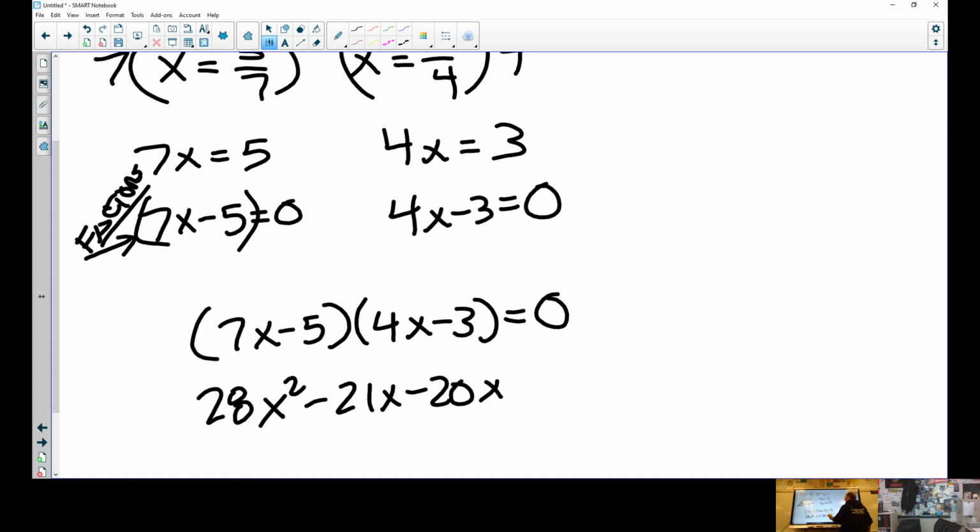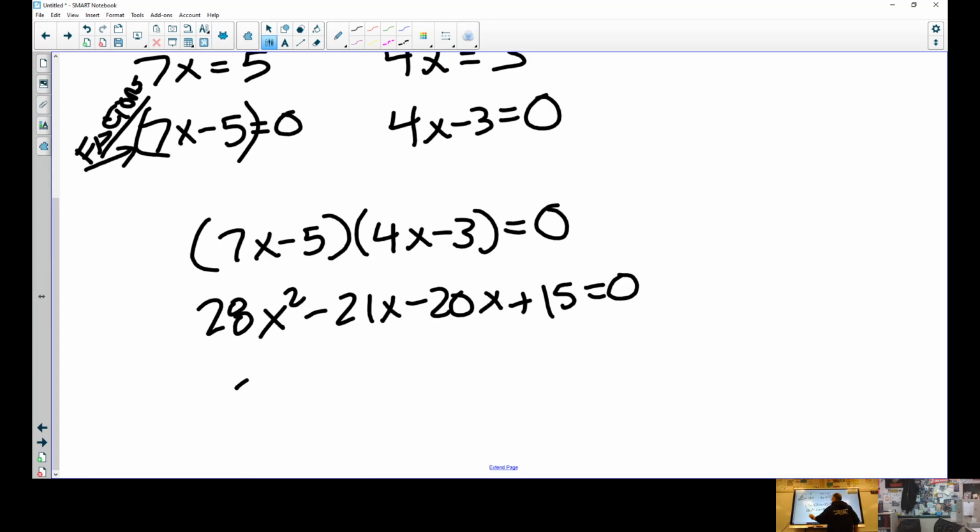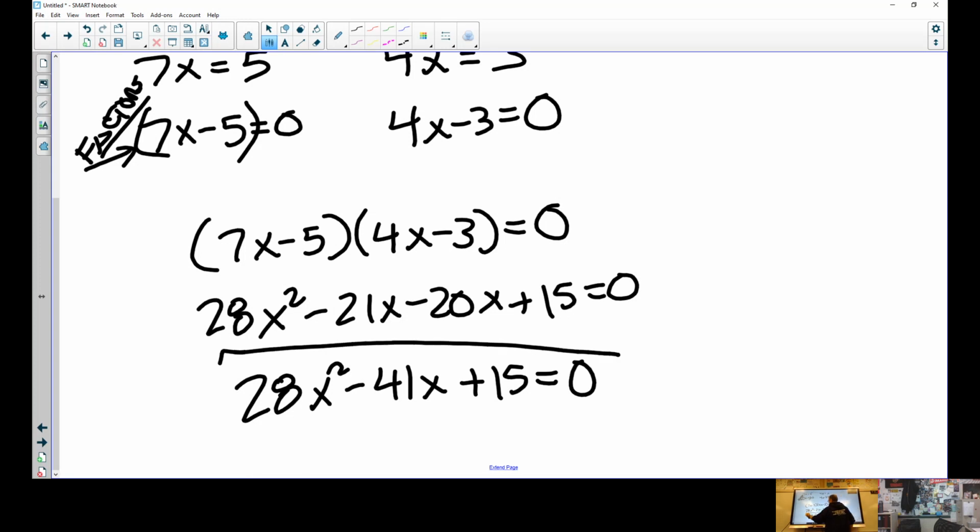And last is plus 15 equals 0. And we can simplify this: 28x squared minus 41x plus 15 equals 0. We have a standard form quadratic equation. That's it, guys. It's that simple. The second part is just doing that.